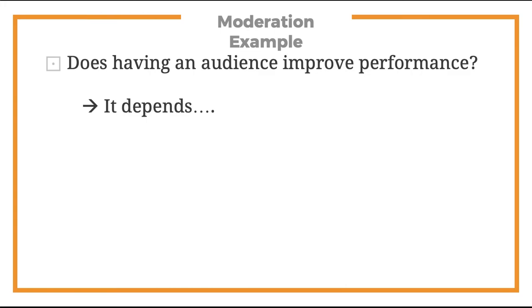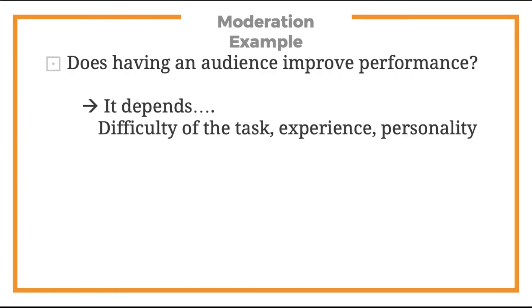But in other situations, we might see an audience decreasing performance. So it's going to depend perhaps on the difficulty of the task. If a task is very easy, having an audience could certainly improve performance. Perhaps experience. If somebody is brand new at performing a task, doing so in front of an audience might actually reduce their performance. And perhaps there's some personality characteristics at play.